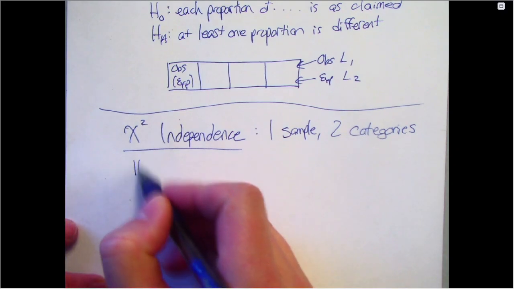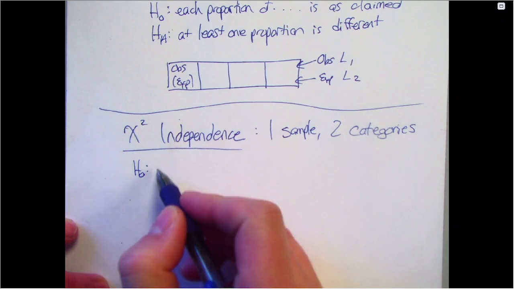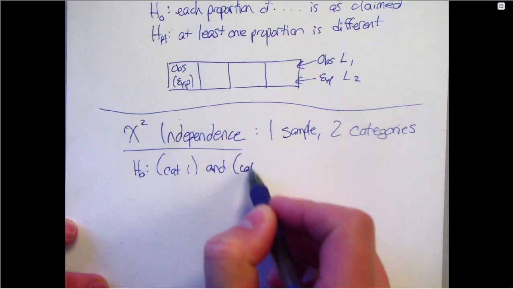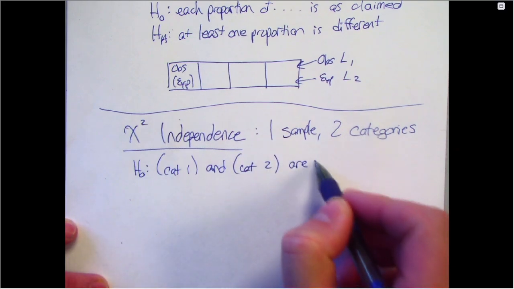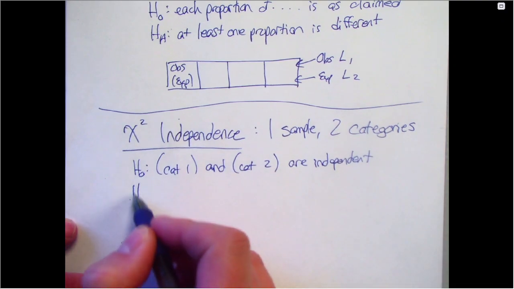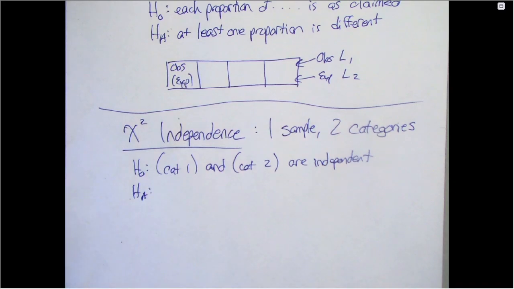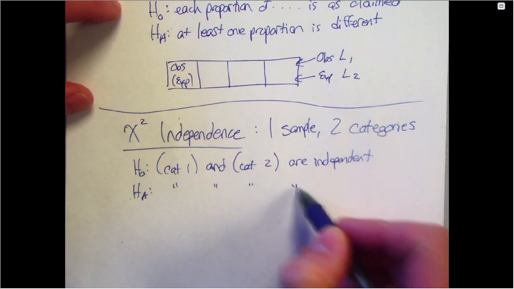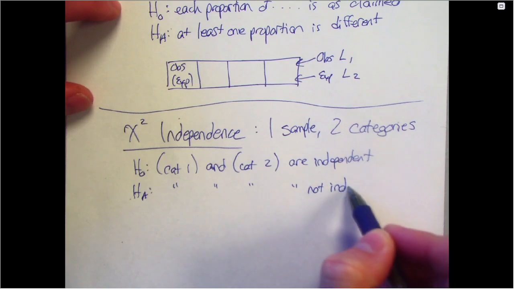So H0 here would be, category 1 and category 2 are independent. Or what else could you have said instead of independent? Not associated. And then HA is the same thing, but it'd be are not independent, or associated.